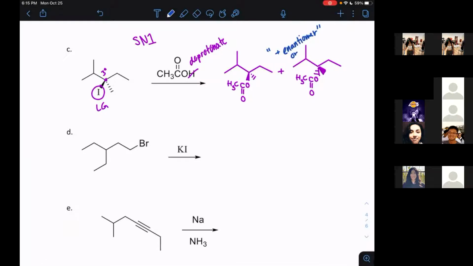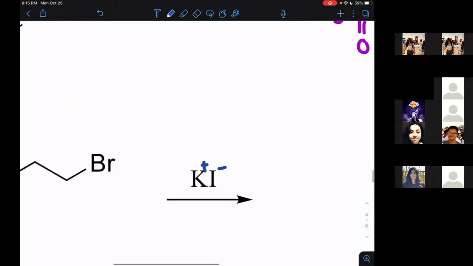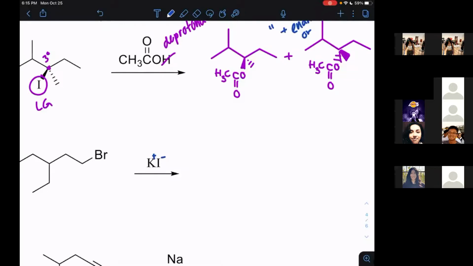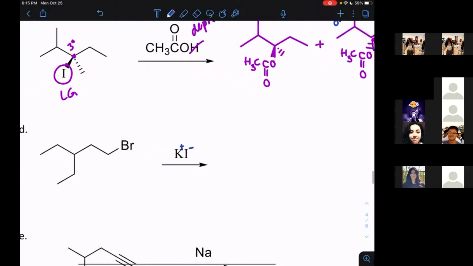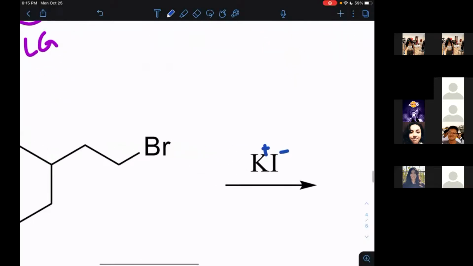And then for this one, I think I saw it on the homework too, because we weren't sure if this is a reaction. She's pretty sure it is, right? Yeah, technically they both have their charges, so it'll do the reaction. So this is going to be a substitution reaction. This is a primary carbon, so it's SN2.